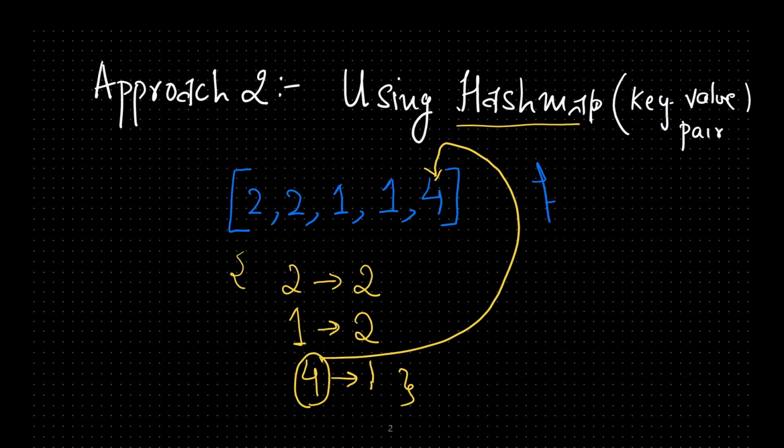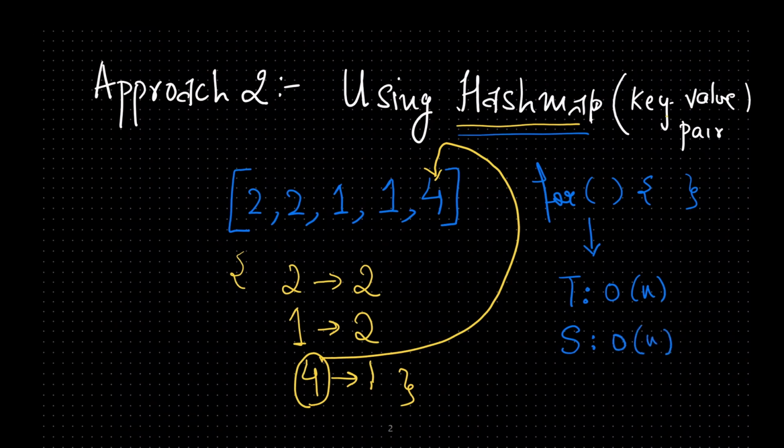This solution requires a single traversal of the array with a single for loop, thus leading to a time complexity of order n, where n is the number of elements in the input array. However, since we are using extra space in the form of a HashMap, its space complexity now increases to order n. There is a definite scope of improvement in the space complexity with our third approach.